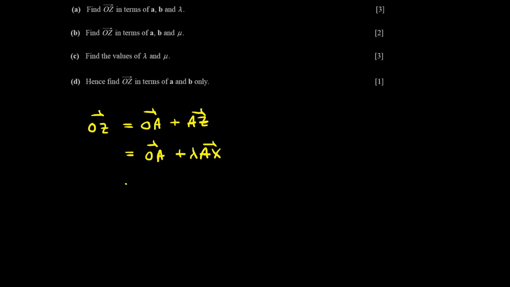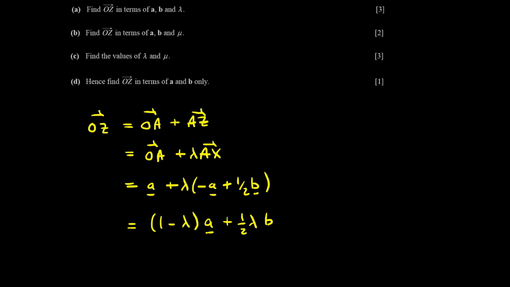OA is the vector A, and AX is minus A plus a half of B. If I were to write that down, I would get 1 minus lambda in the A direction plus a half lambda in the B direction. So that's the first part.